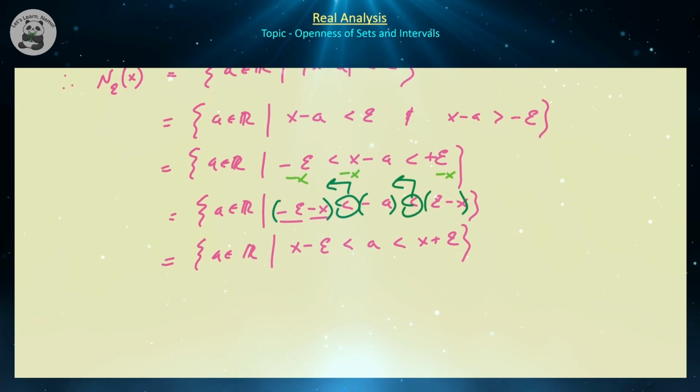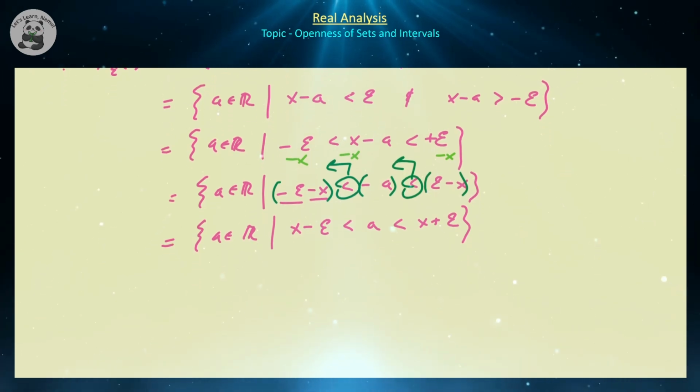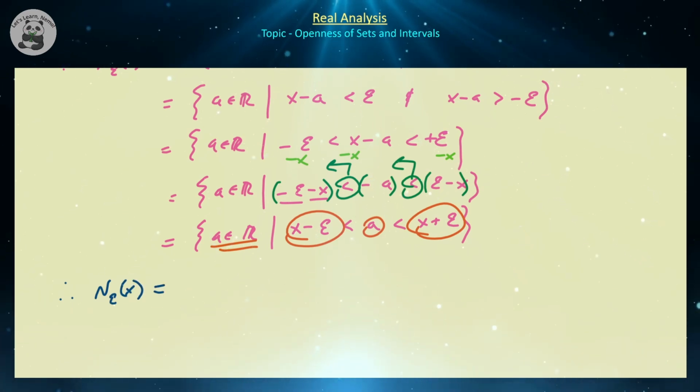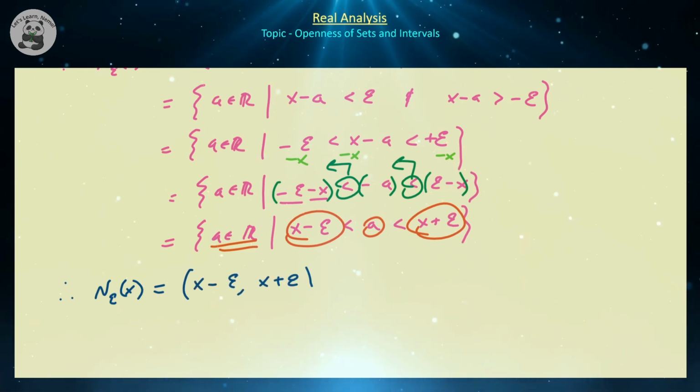But that, by definition, because keep in mind, that's just a real number because x is a real number and epsilon is a positive real number, and x plus epsilon also is a real number, and a is an arbitrary real number. So that means that an epsilon neighborhood of the point x is just going to be the interval x minus epsilon and x plus epsilon.